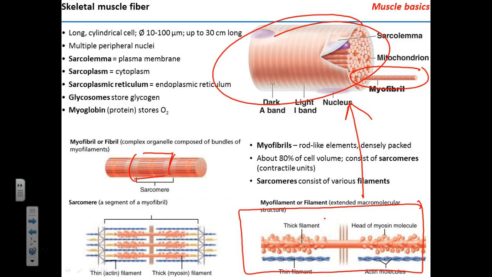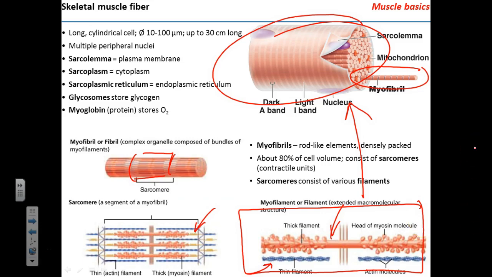Those filaments are actually proteins. Myosin, which composes the thick filament, is a protein. Actin, which composes the thin filament, is a protein. Elastin is a protein. All those structures inside of the sarcomere are proteins.